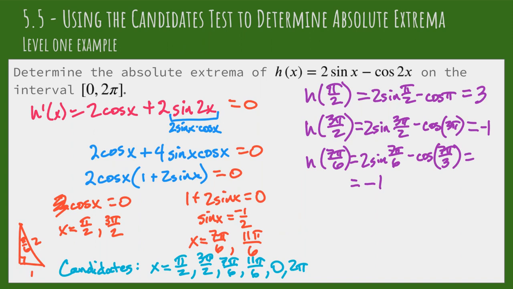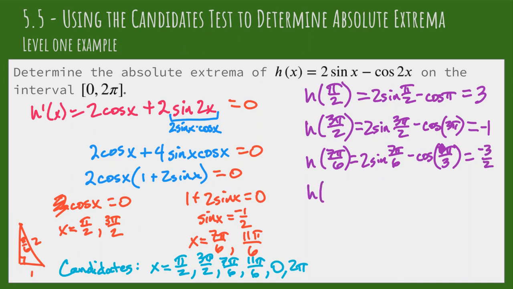And then cosine of 7 pi over 3 is going to be the same as cosine of just pi over 3. So the same reference angle there. And cosine of pi over 3 is 1/2. So we have minus 1/2 is going to be negative 3/2.